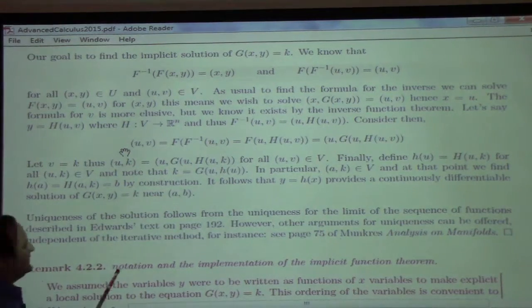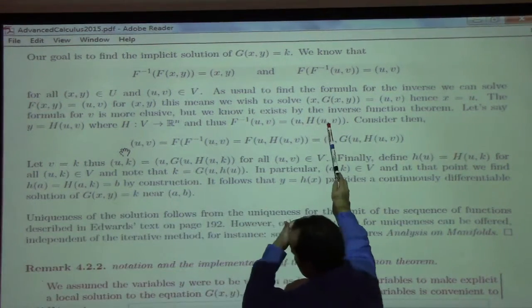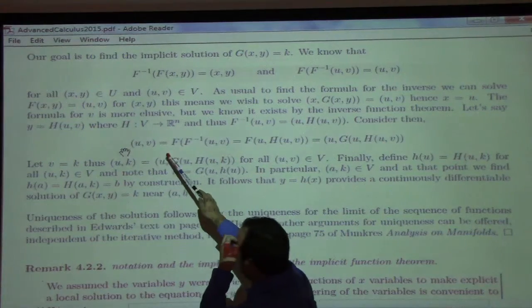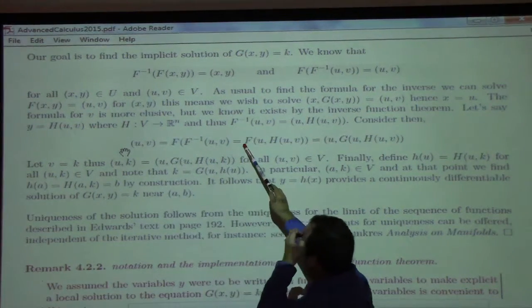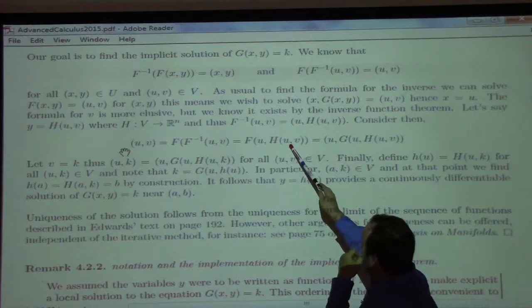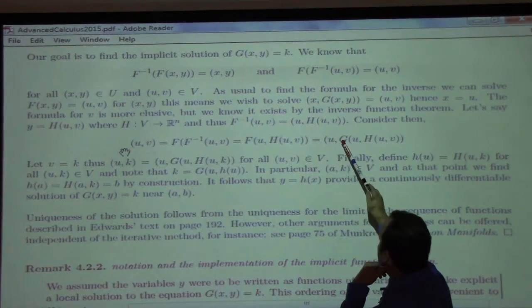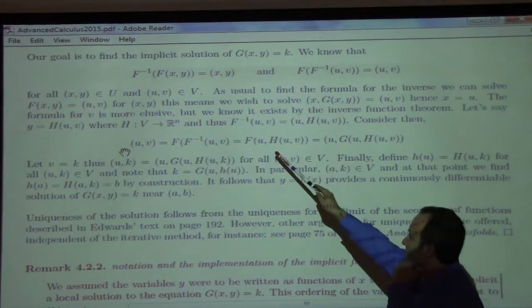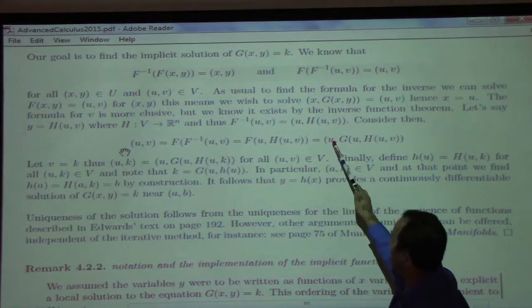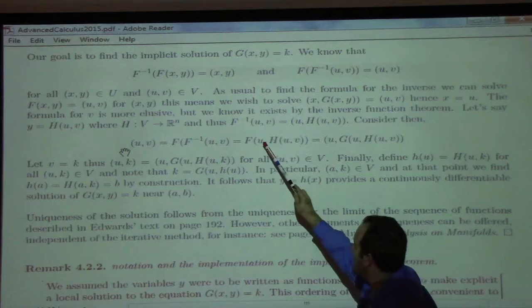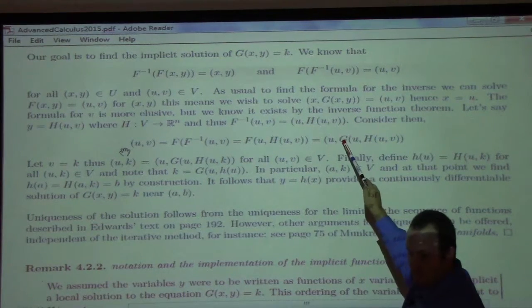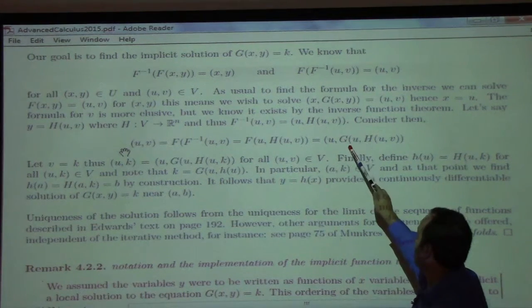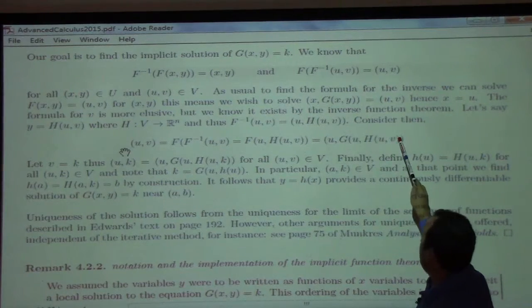So I have this h of (u, v), and if I plug that back in, I get f of (u, h of (u, v)), but that is equal to (u, ...) by the definition of the f function. That's u. The first thing goes to the first thing. The second thing gets fed into g, like that, g of (x, y). So I get g of (u, h of (u, v)), but that's equal to what again?